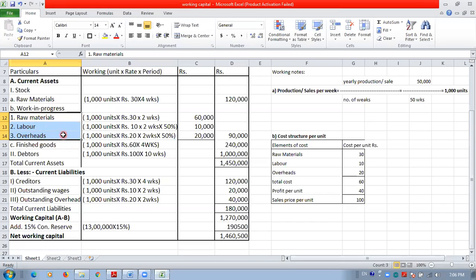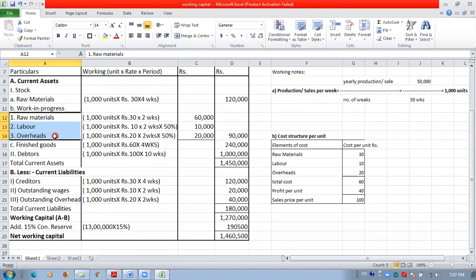But while calculating the work in progress amount, we have to assume that the raw material is put in 100% in work in progress. That means the total raw material is put in the process, but for producing those goods we incur labor and overhead charges as the process goes forward. So it is not that initially we incur 100% labor or overheads.